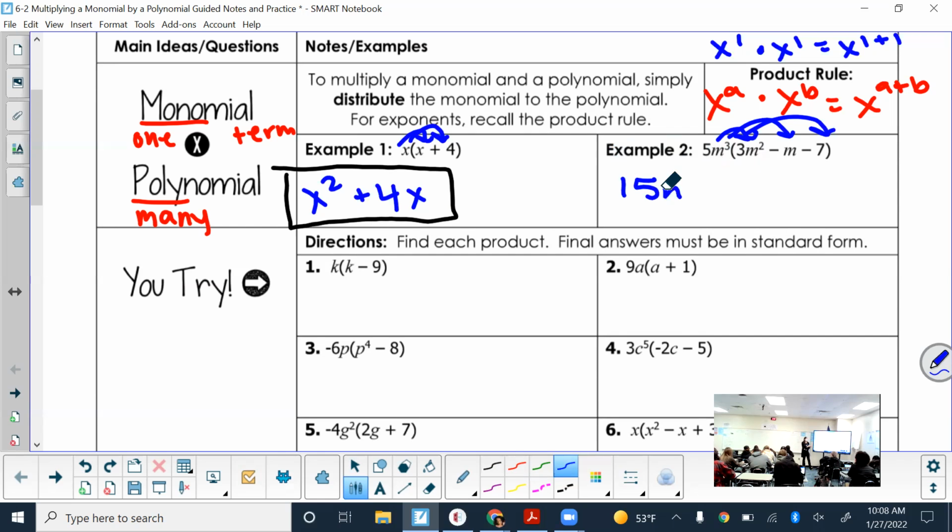And then use your product rule on the m, on the variable. So it's m cubed times m squared. Rule says to add the exponents, so it's going to be m to what power? 5. All right, and then you just move on to the next one. So I have 5m cubed times negative m. So 5 times negative 1, what's that?